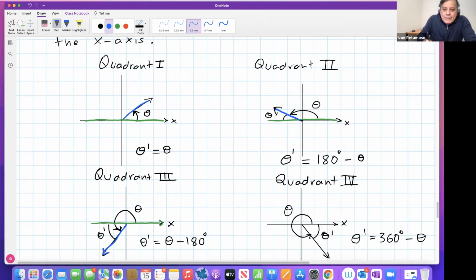So it's going to be this angle, this one. Now, this angle clearly is the given angle minus 180, right? This is what the formula says. Theta minus 180 for quadrant 3. That's how you get your acute angle, your reference angle.